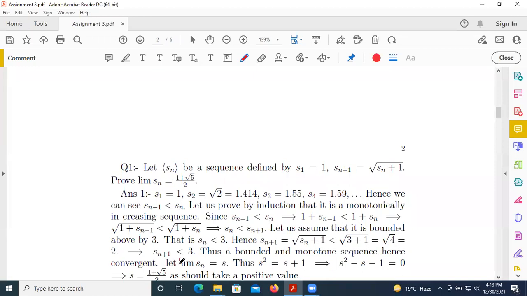But we know that the limit of a convergent sequence is unique, and also we see that all the elements are greater than 0, so we consider only the positive root. So the limit of Sn is equal to (1 plus root 5) by 2.